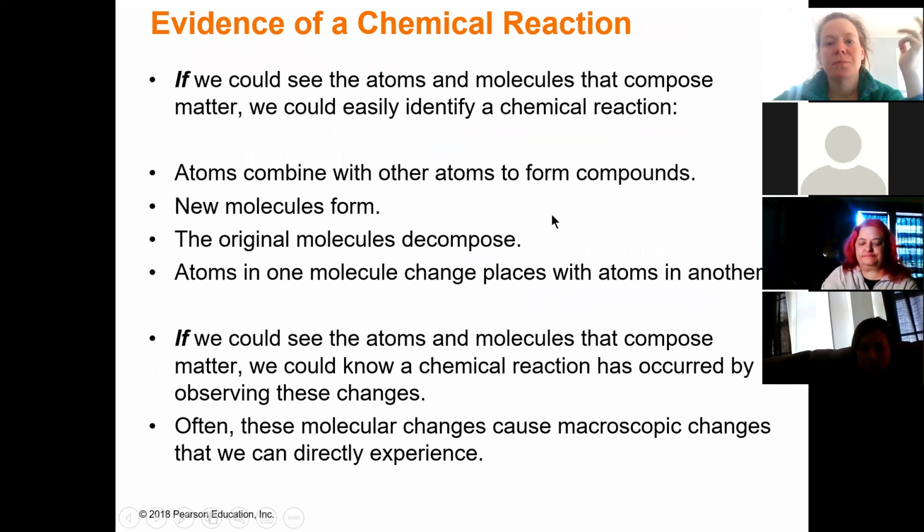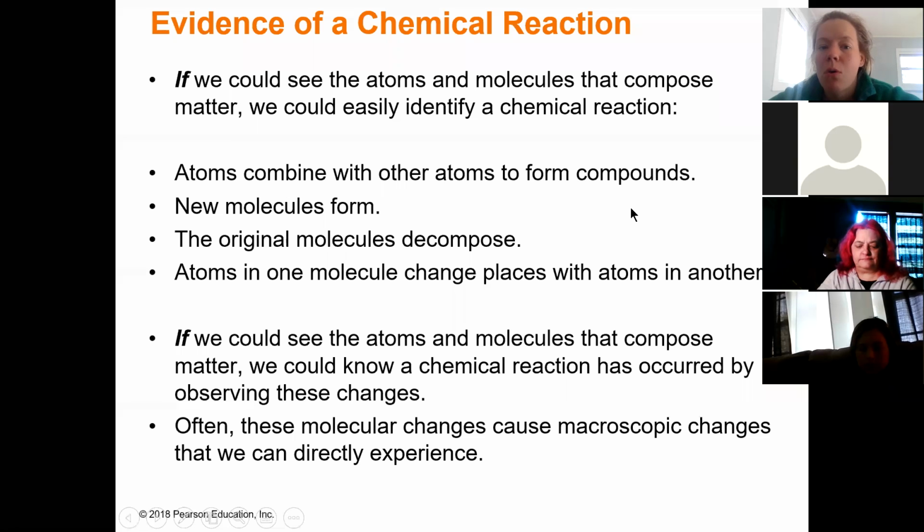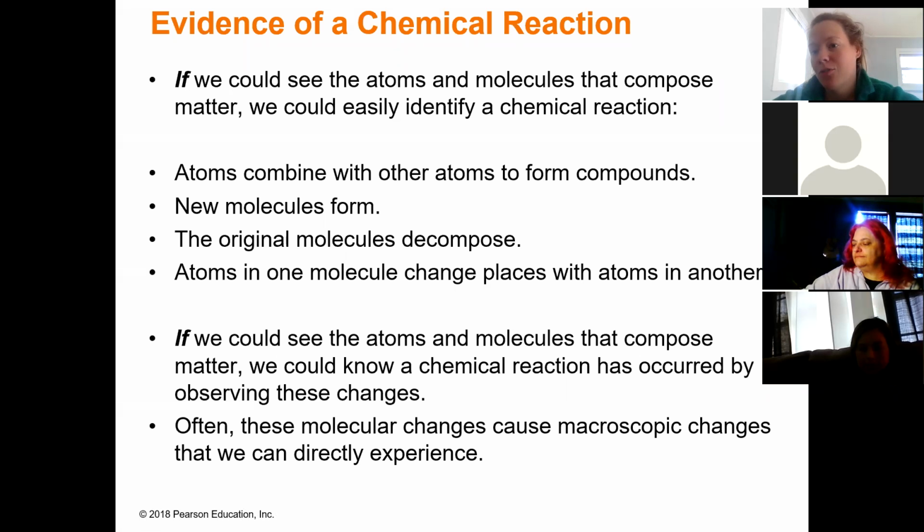Okay, so as far as evidence of a chemical reaction, if you could actually see the atoms and the molecules that compose compounds, you would know that a chemical reaction occurred because atoms would combine with other atoms to form compounds, or new molecules would form, or original molecules would decompose. Atoms in one molecule would change with atoms of another.